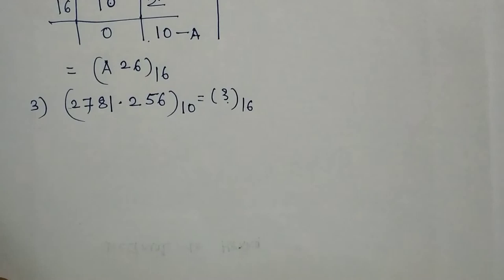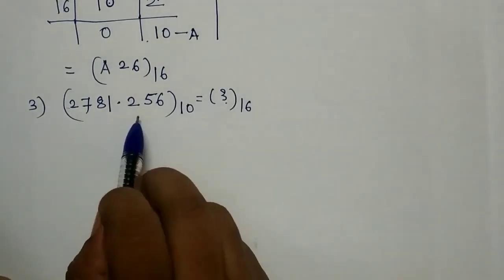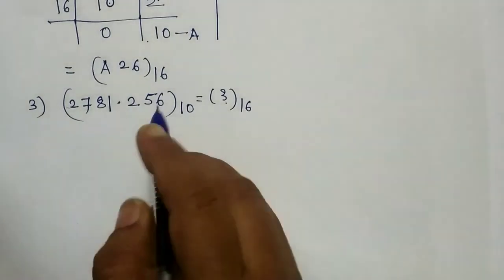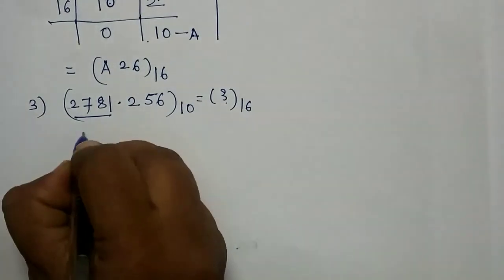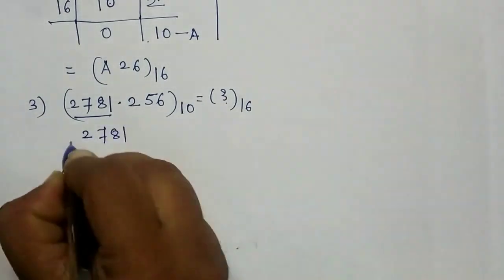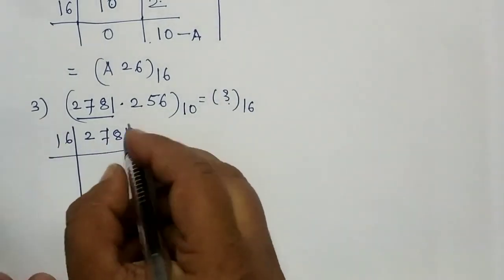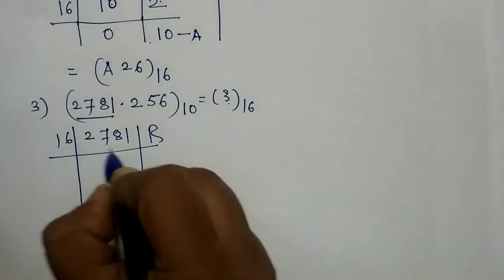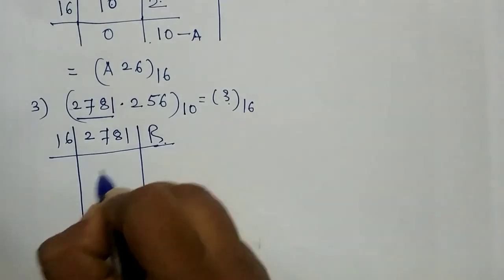The given integer part is 2781, and the fractional part is 0.256. So first convert this 2781 into the hexadecimal number system. So 2781 divided by 16. Okay. So write down the remainder here. 16 is the divisor, 2781 is the dividend, and we have to write down the remainder here and the quotient here.